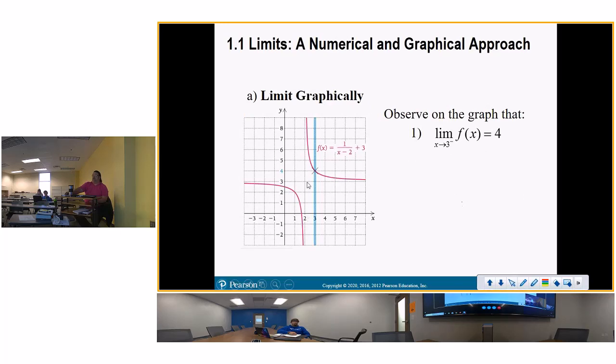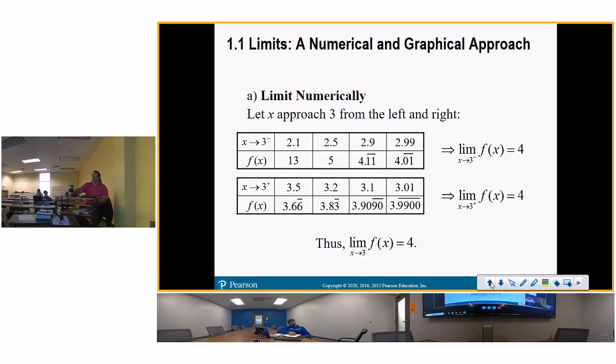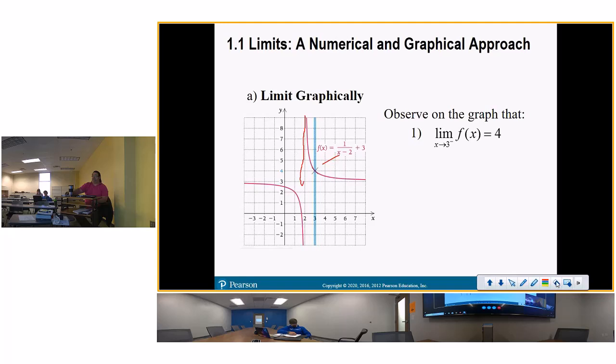So, yes, it looks like 4, but see, there's your vertical asymptote right here. They're saying observe the graph at 4. I'm not observing the graph. I'm showing you what here is your vertical asymptote, and your horizontal asymptote is at 3. Everybody see that?